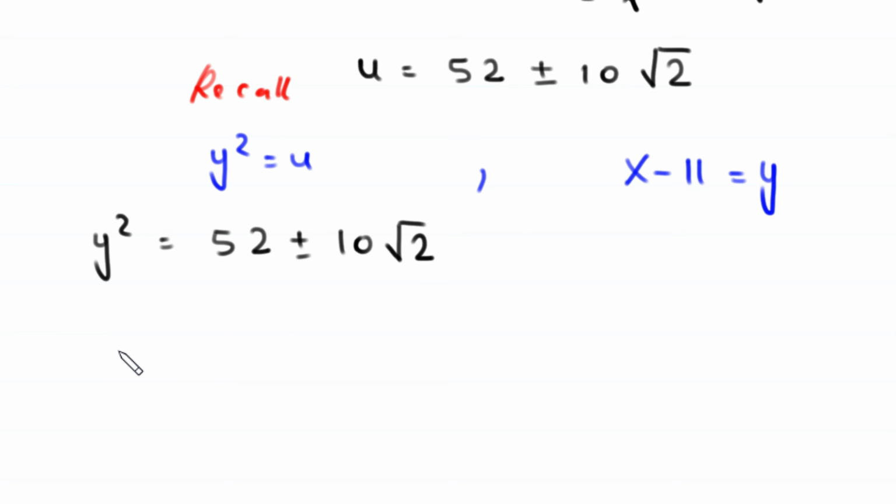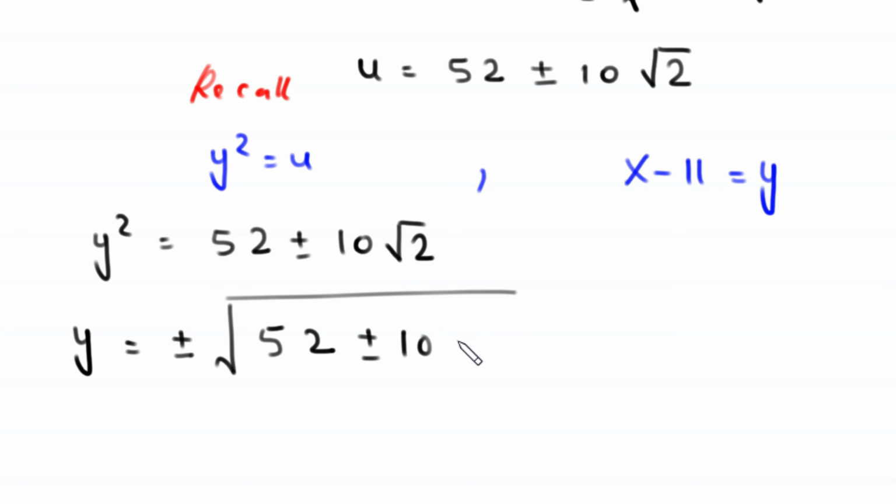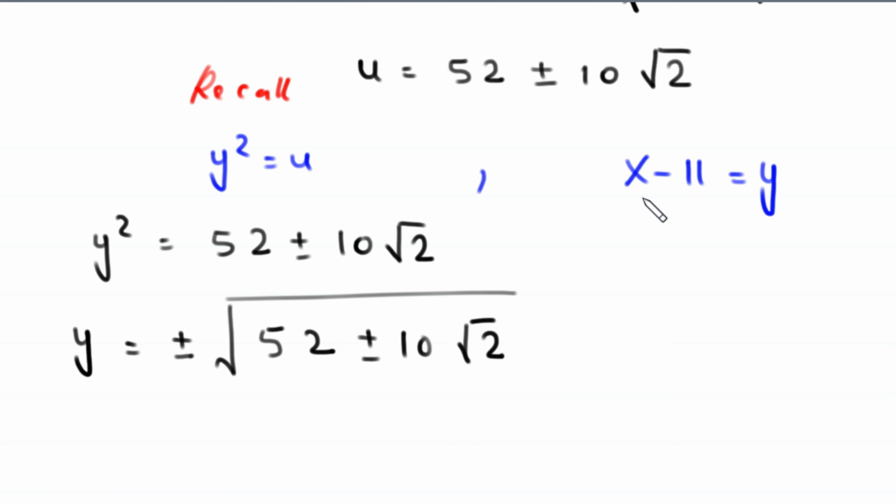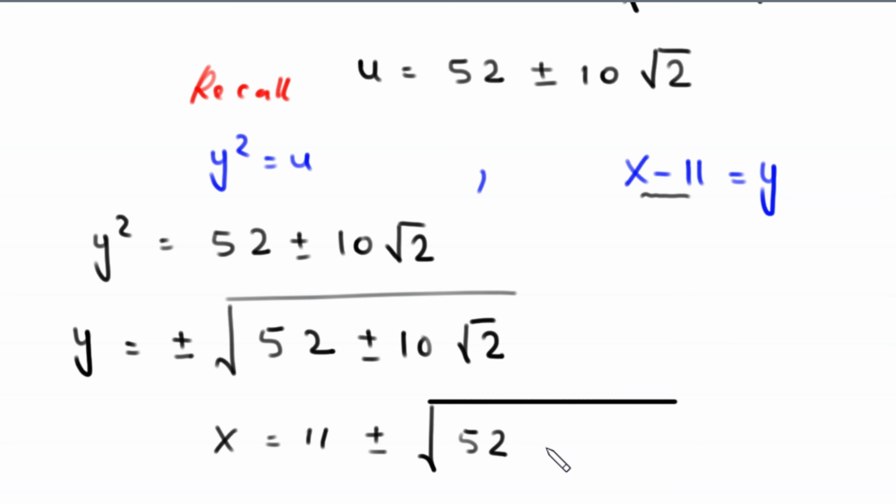If we take square root of both sides, then y will be equal to plus minus square root of 52 plus minus 10 times root 2. Since y is equal to x minus 11, so x will be equal to 11 plus minus the square root of 52 plus minus 10 times root 2.